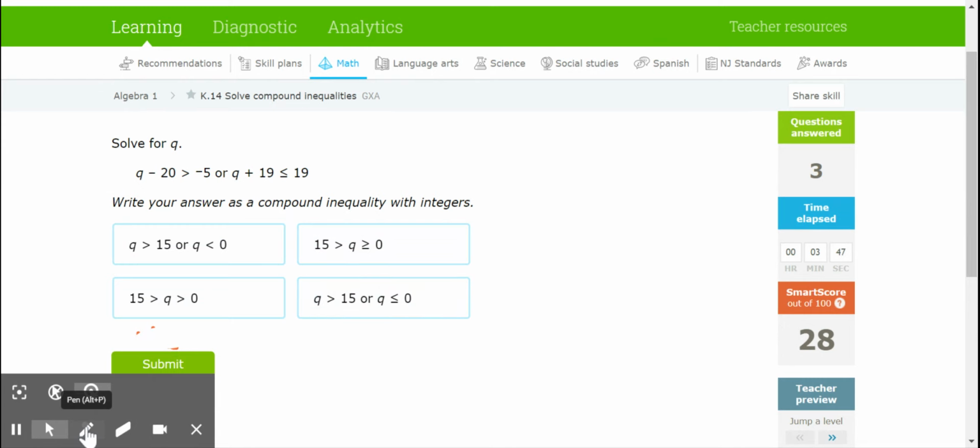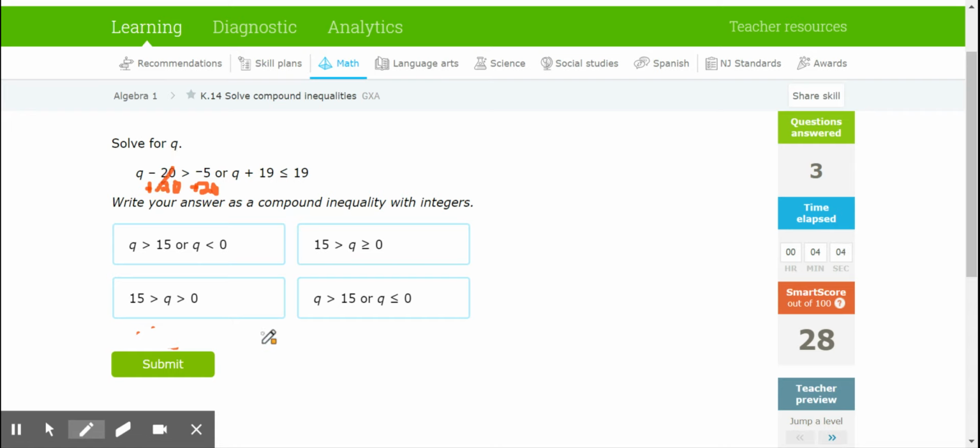Now, these are separated as or statements, so I'll start on the left-hand side. q minus 20 is greater than negative 5. I'll add 20 to both sides. I'm adding 20, so nothing changes with the inequality. So q is greater than negative 5 plus 20, which is positive 15.